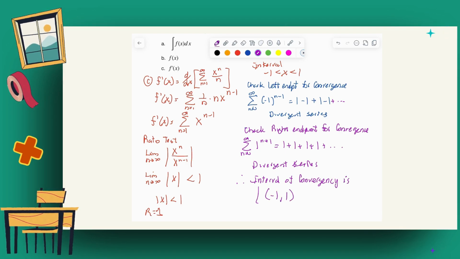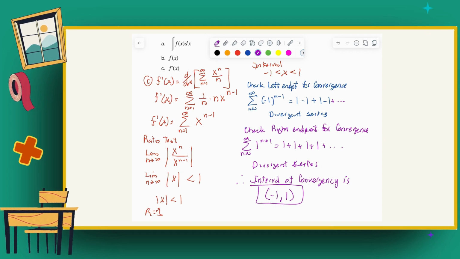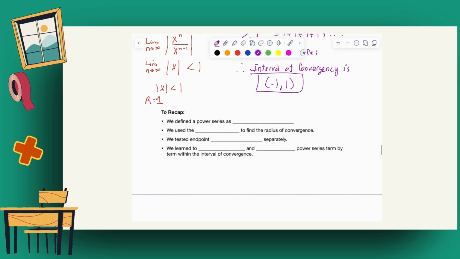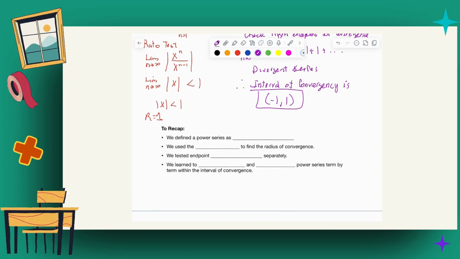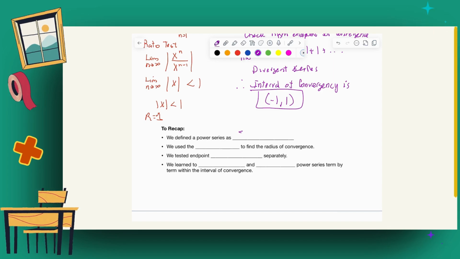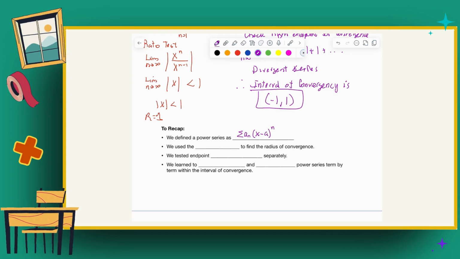You've just unlocked some new tools for approximating and analyzing functions using power series. Let's quickly recap what we've learned today. We defined a power series as the summation of a sub n times x minus a to the nth power.